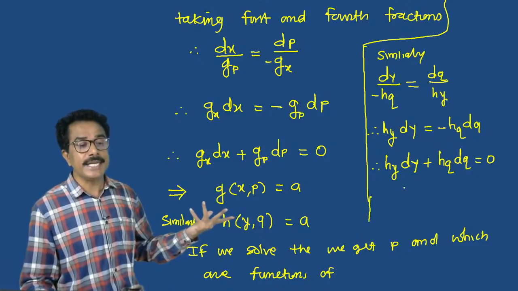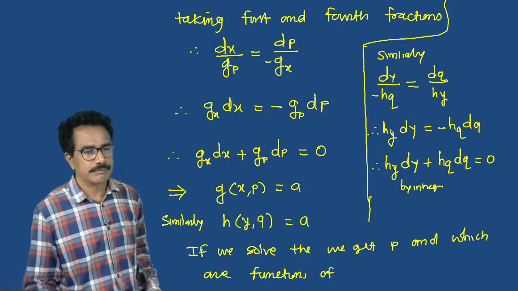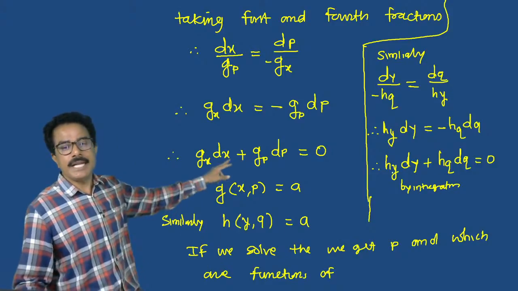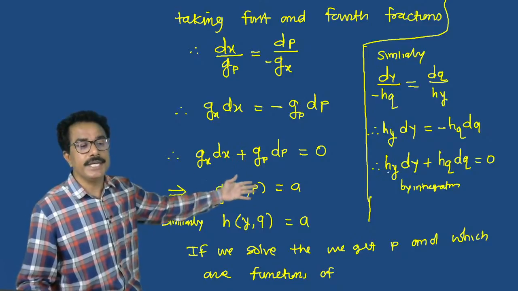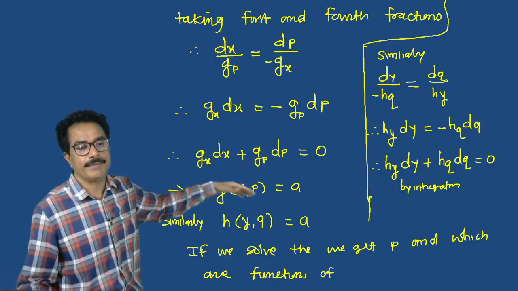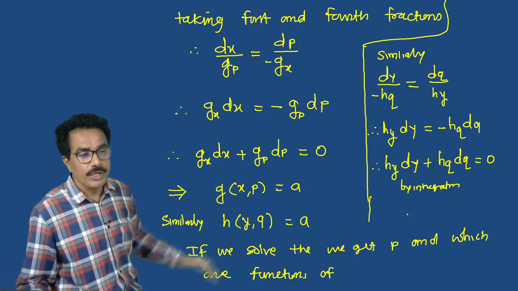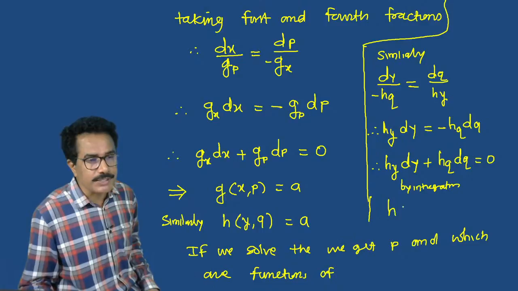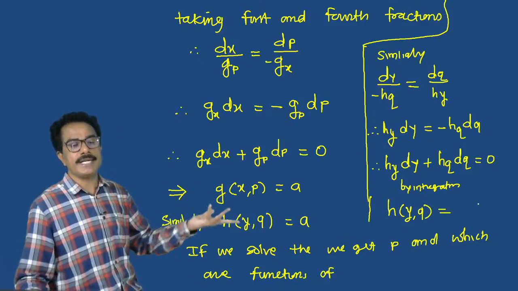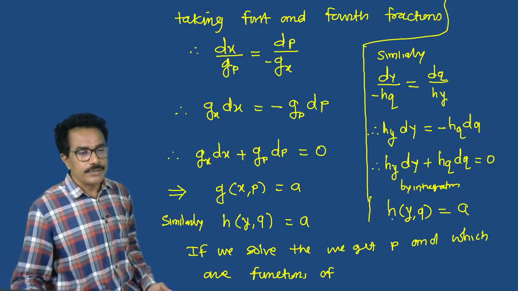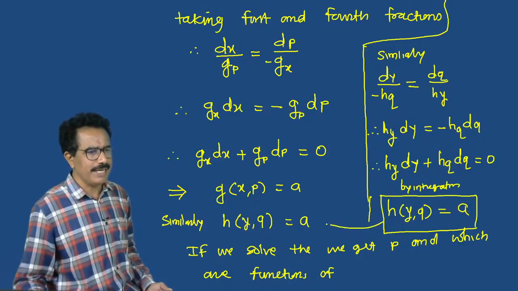If we take the integration, by integrating on the left side, the first term is integration in terms of y, the second term whose integration is in terms of q, so it will be h of y comma q which is equals to, on the right side there will be the a. This is similarly, in this way.